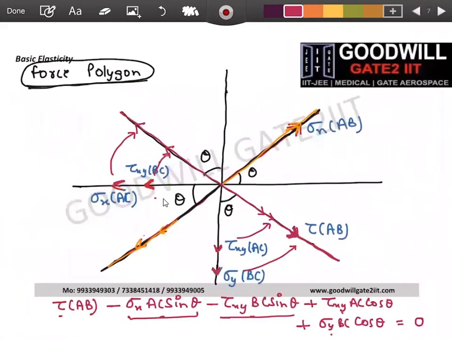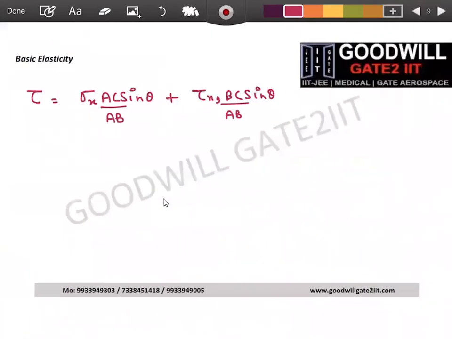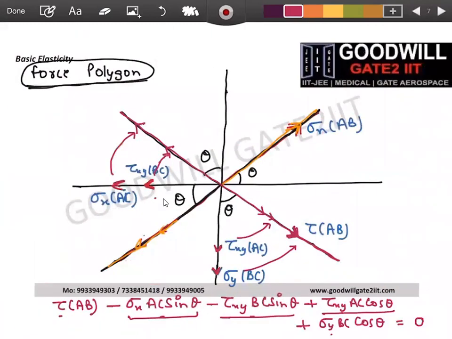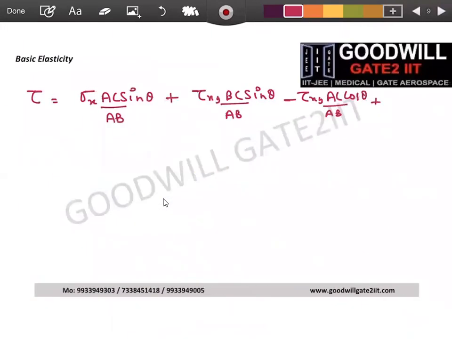Next term: this term will go on the right hand side with the negative sign. Minus tau xy AC cos theta divided by AB. And the last term is sigma y BC cos theta with the negative sign. So minus sigma y BC cos theta divided by AB.